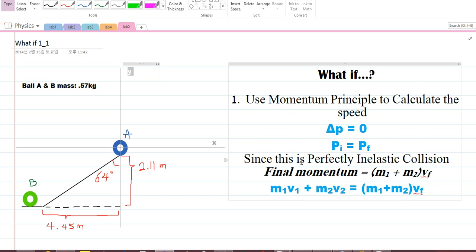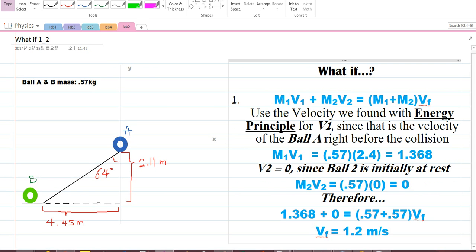Since this is a perfectly inelastic collision, the final momentum is mass 1 plus mass 2 times final velocity. Use the velocity we found from the energy principle for v1, since that is the velocity of ball A right before the collision, which comes out to be 1.368. And v2 is 0 because ball B is at rest, so I get a final velocity of 1.2 meters per second for ball B.